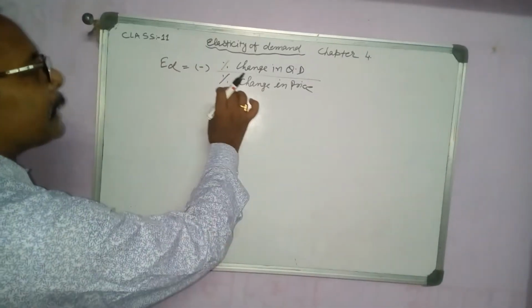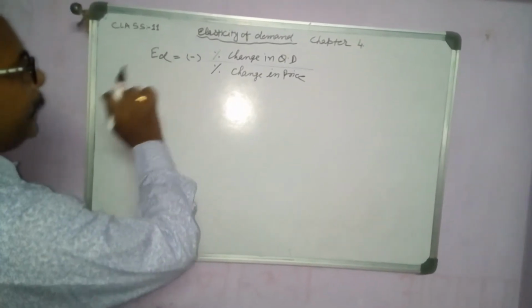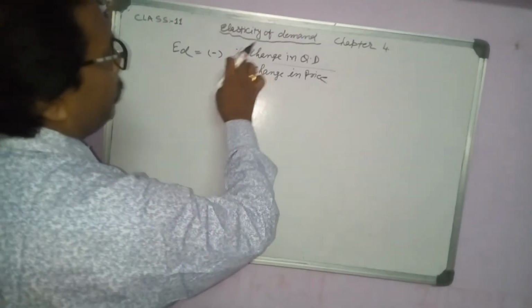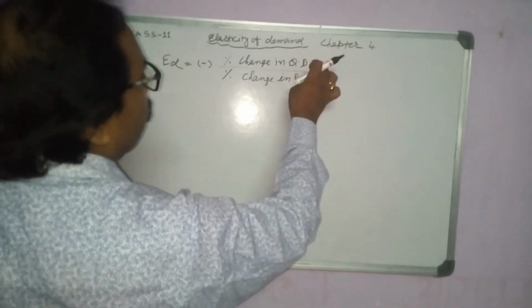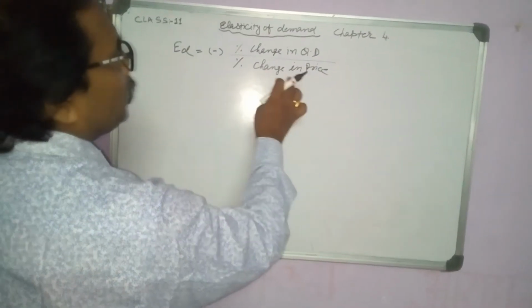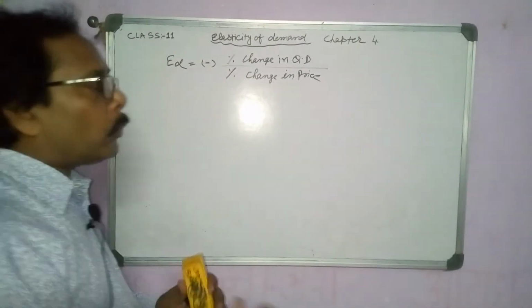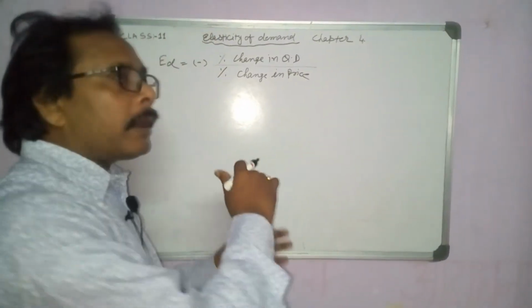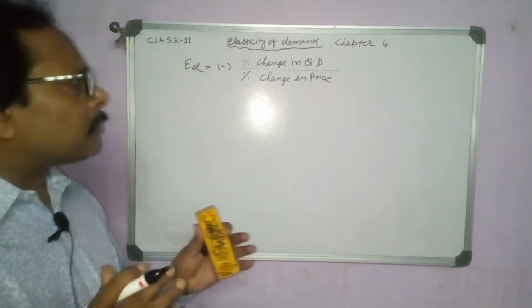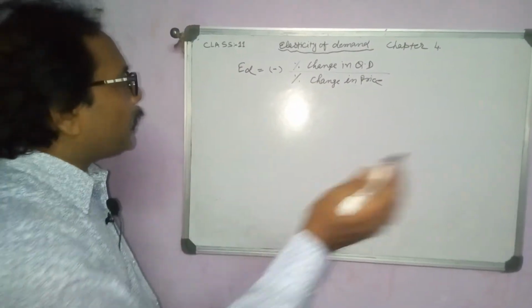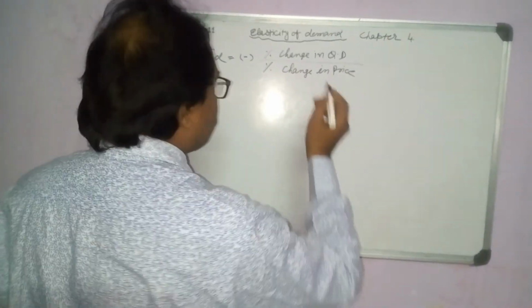So in a simple definition we can say that it is a ratio between percentage change in quantity demanded due to change in price. But if we go through the book, we will find another definition. So according to the book, what is the definition?